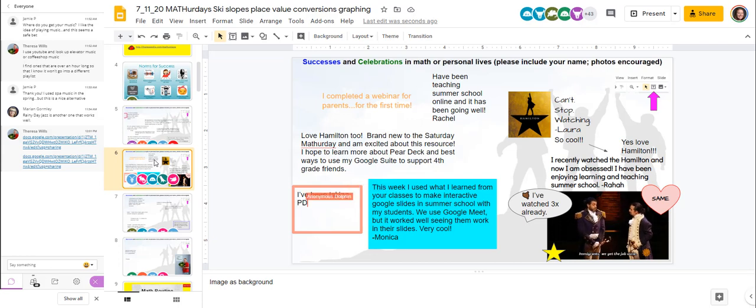Wonderful. Folks, I'd like us to just take a second and look at slide 6. This is what starts to happen in your classroom communities when you do successes and celebrations. I know several of you have been coming to MATHurdays fairly regularly, so this is not your first time, and you're probably starting to recognize some names and people.